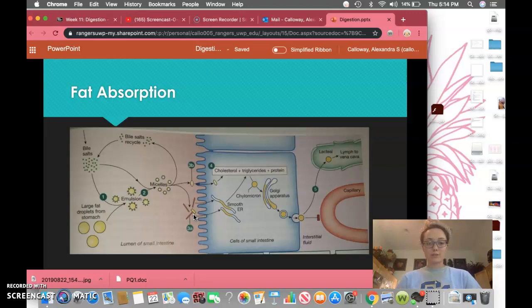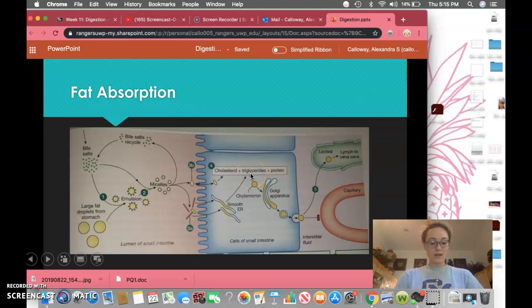So then what happens once all of that is inside the cell, the monoglycerides and fatty acids enter the enterocyte, and then they move to the smooth endoplasmic reticulum, which is this part right here, and they combine to form triglycerides.